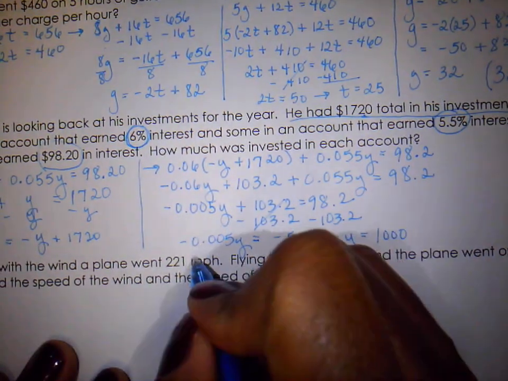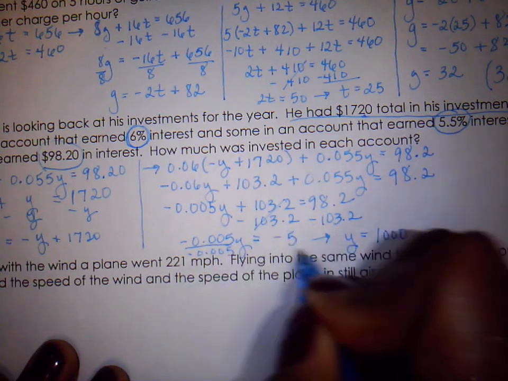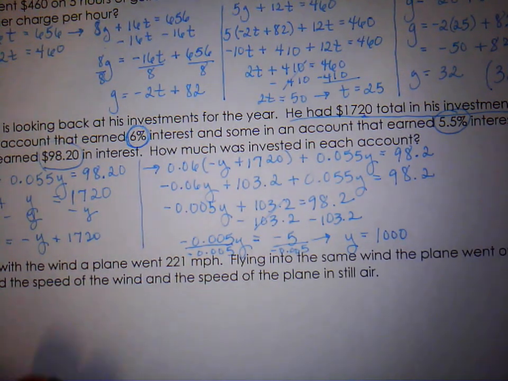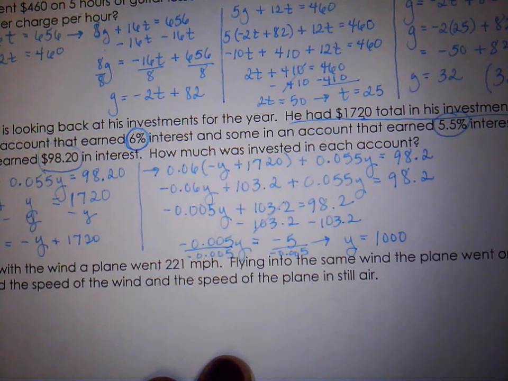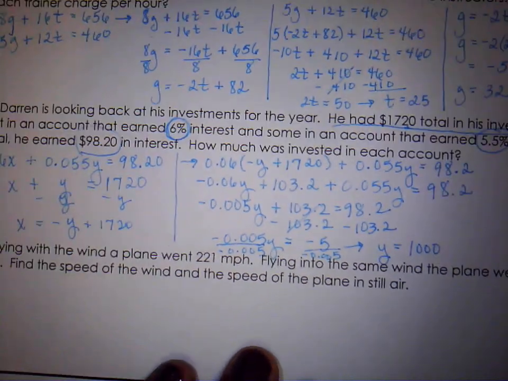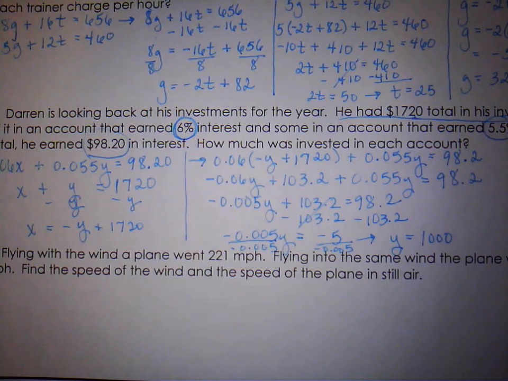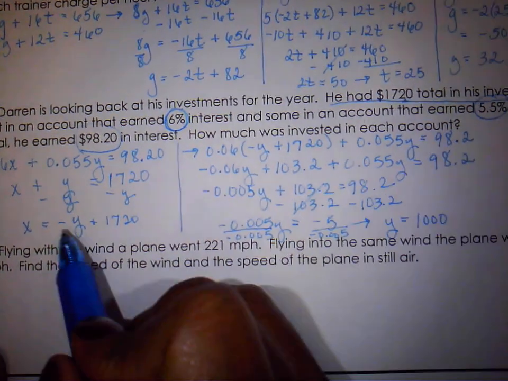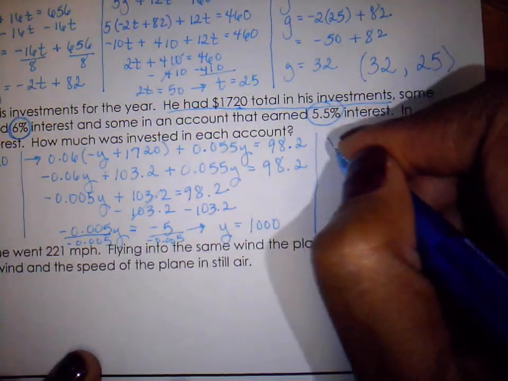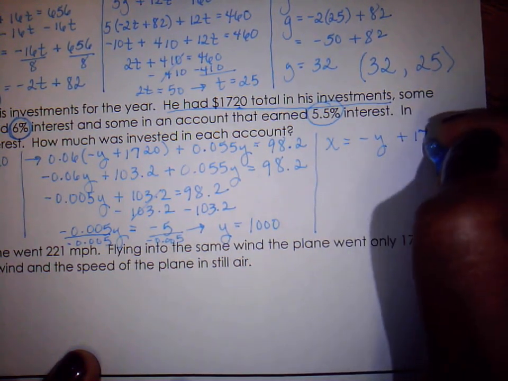Okay? And so in the y account, that's where we had $1,000, right? So if I had $1,000 in the y account, how am I going to figure out what's in the x account? Plug it in. Or just be like, okay, let's draw a line. And we have that x is equal to negative y plus 1,720.